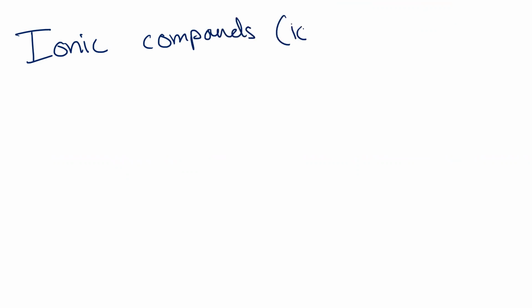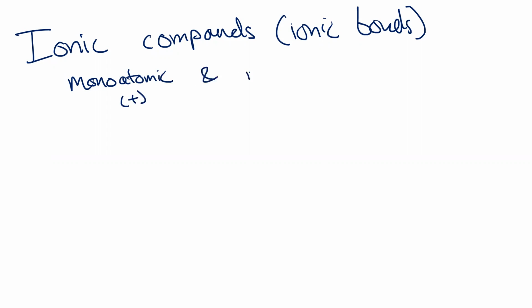So, what does this mean? Well, in general, ionic compounds, and therefore ionic bonds, if we're talking about a monoatomic cation and a monoatomic anion, what this means is the cation is usually, almost always, a metal.